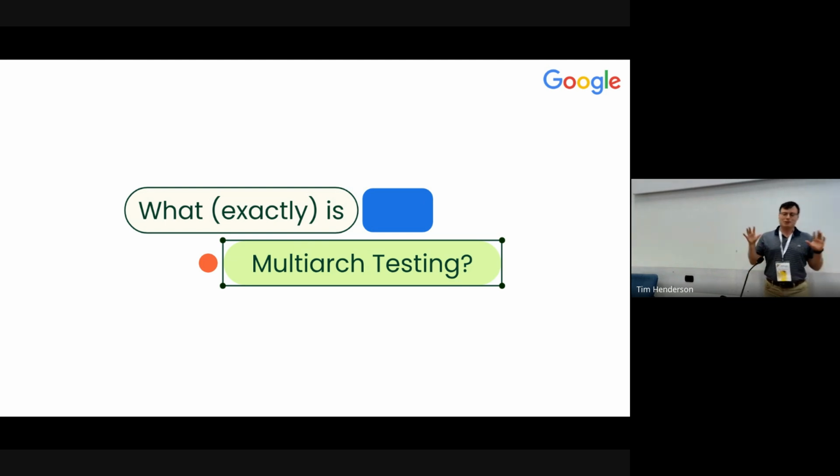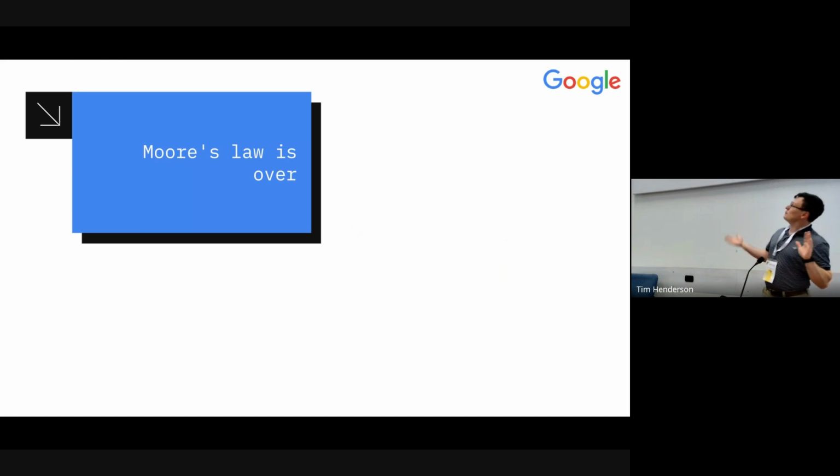So what is multi-architecture testing? Well, at Google, we've recognized that Moore's law has ended. Scaling limits on transistor sizes, as everybody knows. We've hit power law walls, all the things that were causing hardware to get faster and faster and faster has sort of stopped.